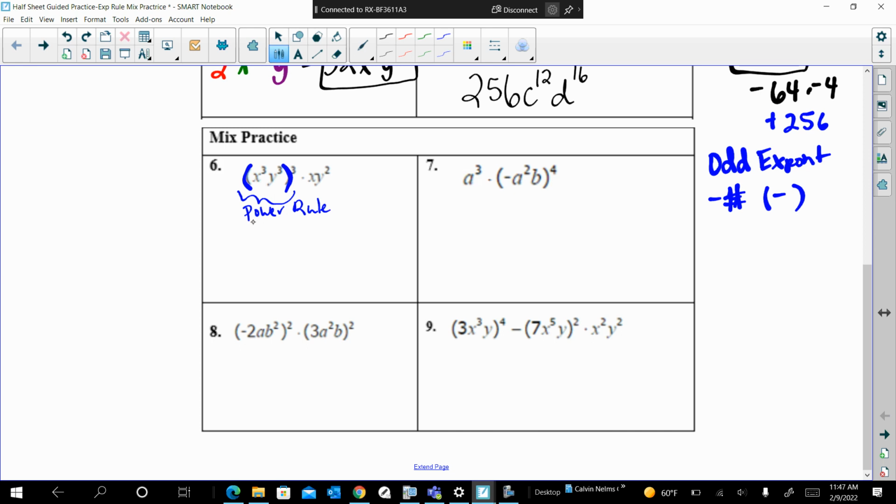X to the what? Come on, guys. X to the 9th. And y to the what? To the 9th. Then I'm going to multiply that by what I have, which is x y squared. Now, because you're doing multiplication right here, this is the product rule, so we're going to add the exponents.